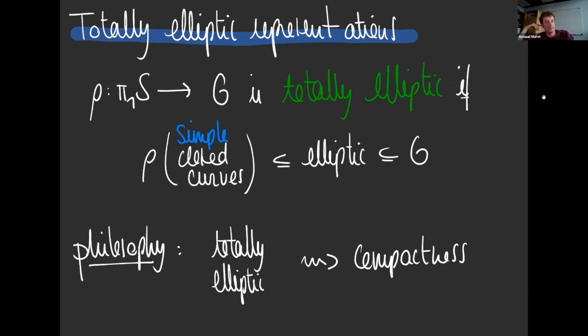But in the case of the hyperbolic structure, you will map all the elements to hyperbolic elements. Here we really want to go away from this smooth, nice hyperbolic structure into a world of representations where we map simple closed curves to elliptic elements. So we are going to parameterize a singular hyperbolic structure, again in the case where G is PSL2R.